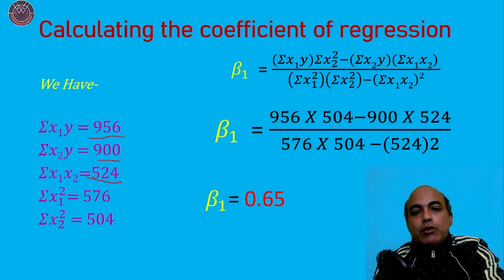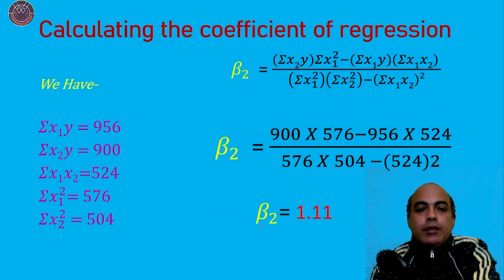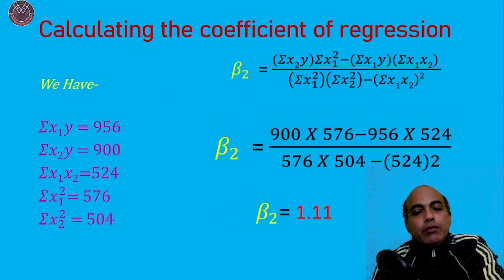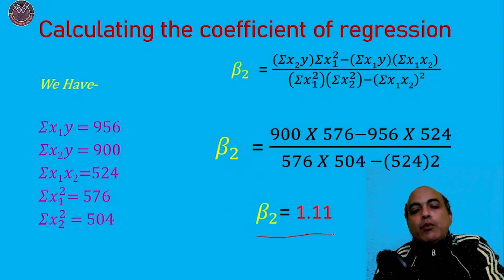We will substitute, and after substituting we have got beta 1 as 0.65. Similarly for beta 2, again we have to substitute the values, and we have got the beta 2 value as 1.11.